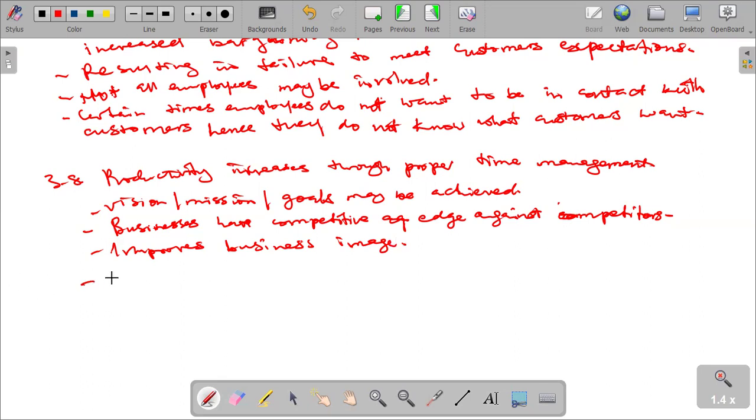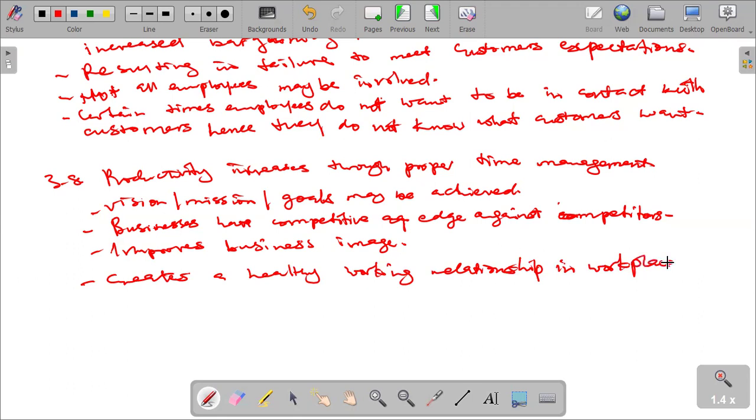It creates a healthy working relationship in workplaces. We can have many other points that we can put in this regard, such as determined resources can effectively be used.